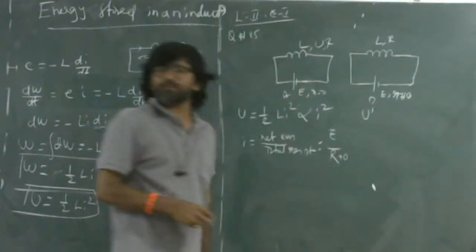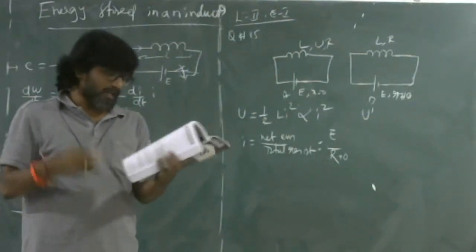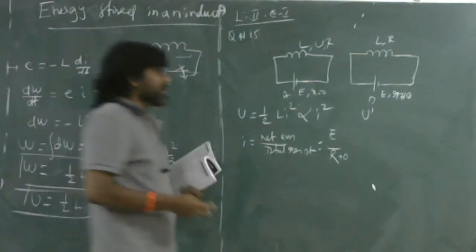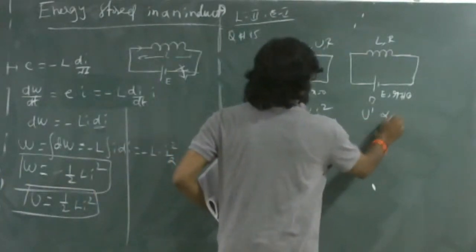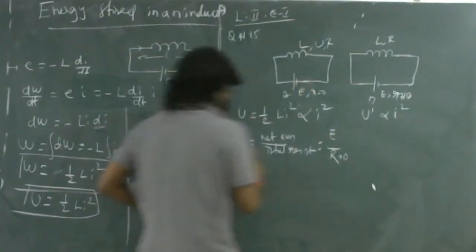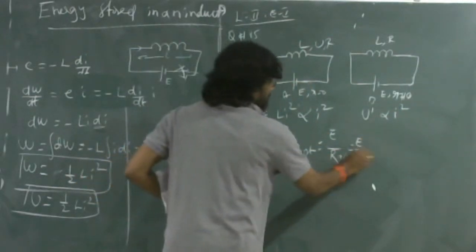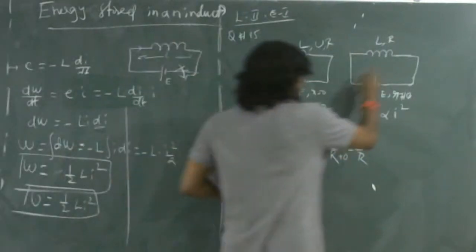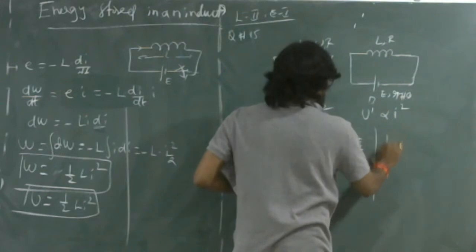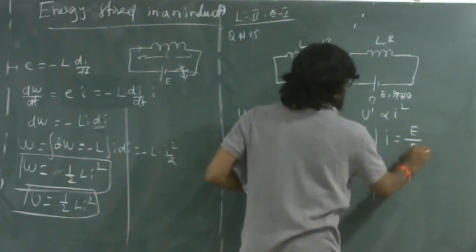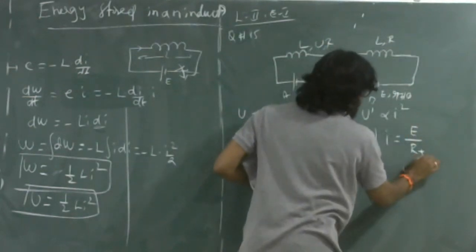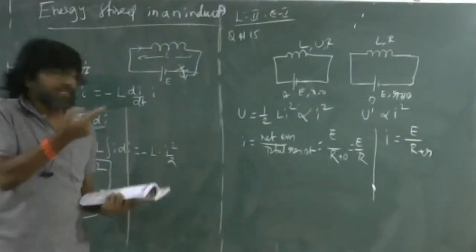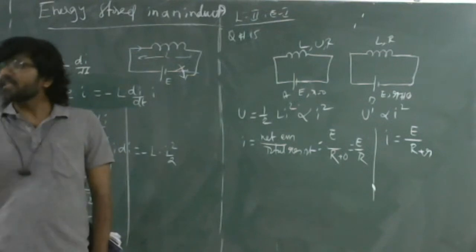Let us say U dash is proportional to I square. How can we compare this with the initial energy stored? Here this is also proportional to I square, where I is nothing but E by R. Whereas in case of the second battery, I is nothing but E by resistance of the coil plus internal resistance. As resistance in the denominator increases, I will decrease.